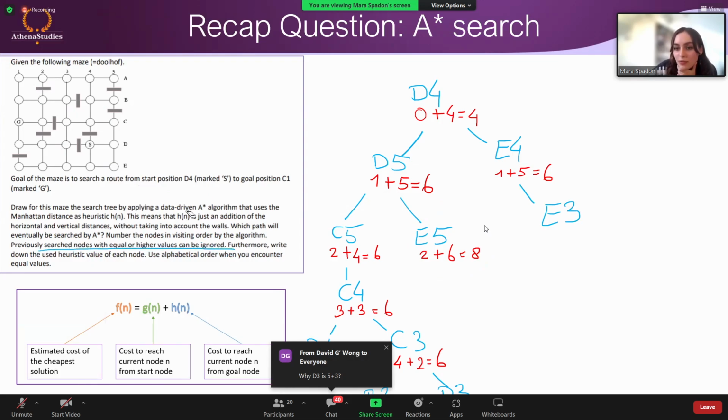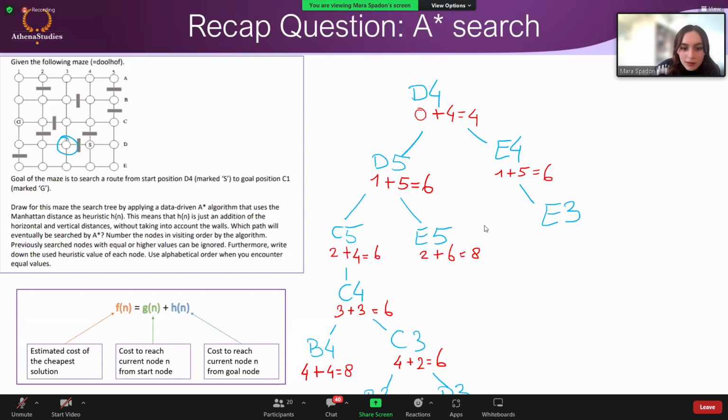Why is D3 5 plus 3? Okay, so let's go through this question. D3, right? So we want the cost to the start. If we go back, that would be 1, 2, 3, 4, 5, and then to the goal that is 1, 2, 3.